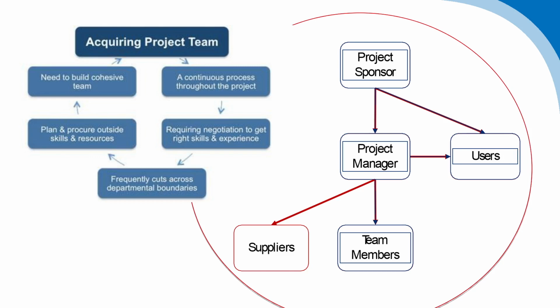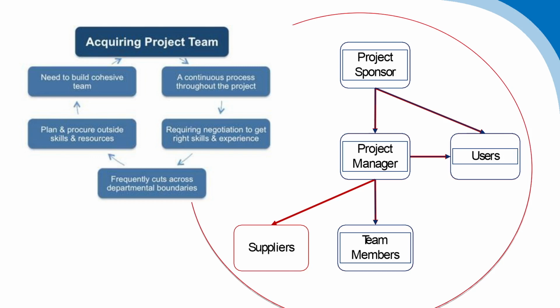So on the right hand side here, we have a basic outline of the typical groups involved in a project. At the top we have the project sponsor, and this is usually someone from senior management who has recognized the need for these objectives to be achieved, and therefore sponsors a project to run internally. Different organizations will have different ways of arranging this.